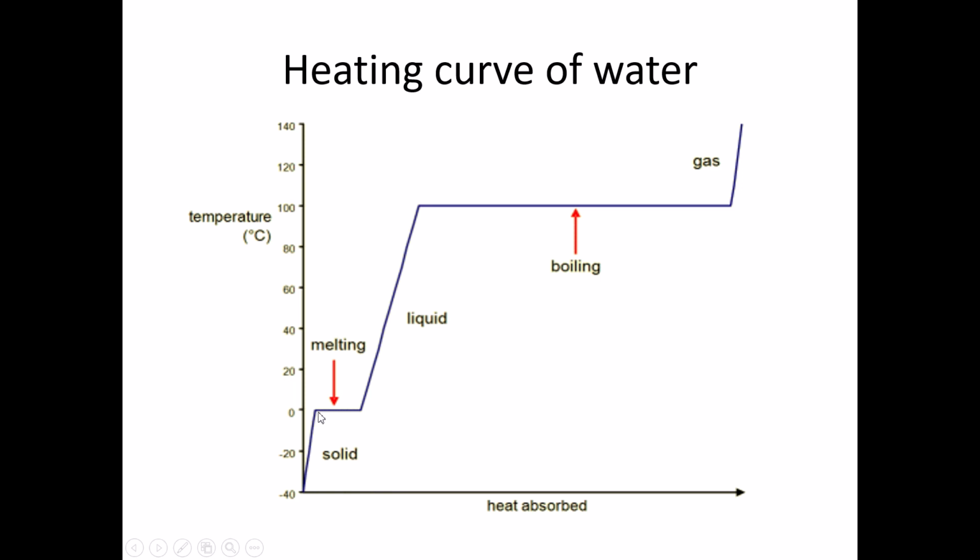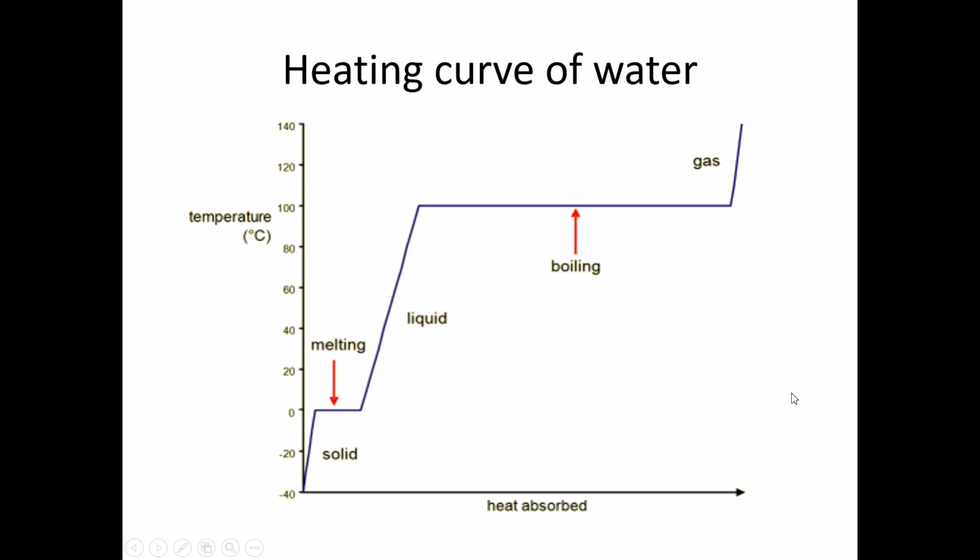Okay, so the length of this first melting or fusion line would indicate the delta H of fusion. The length of this boiling line would indicate the delta H of vaporization. So notice how the delta H of vaporization is much greater than the delta H of fusion.